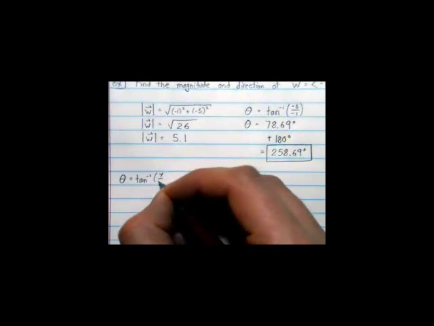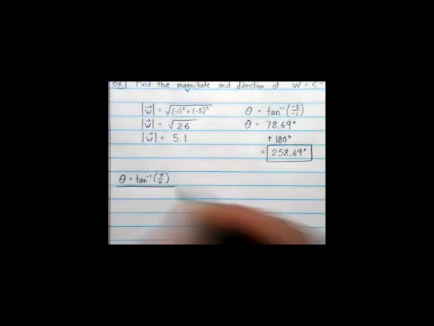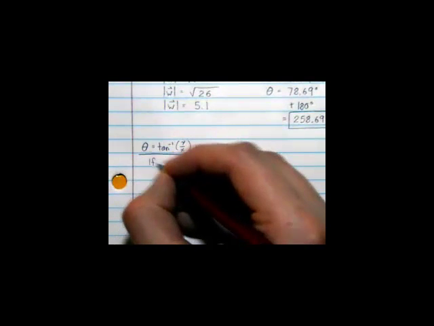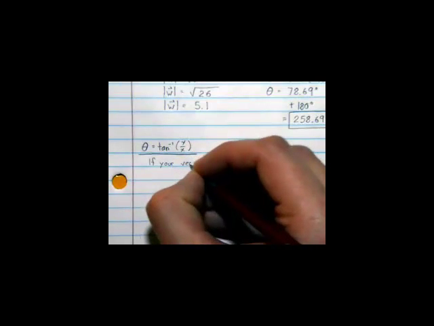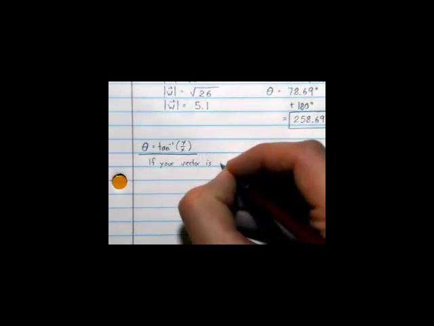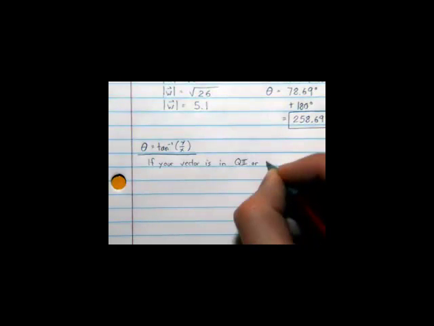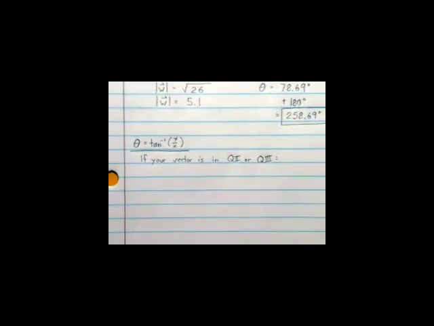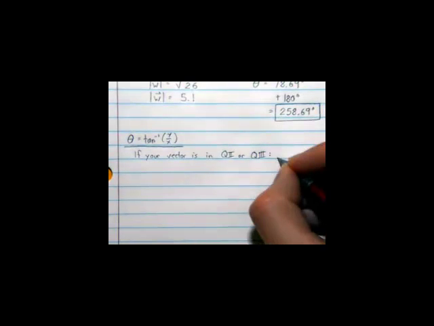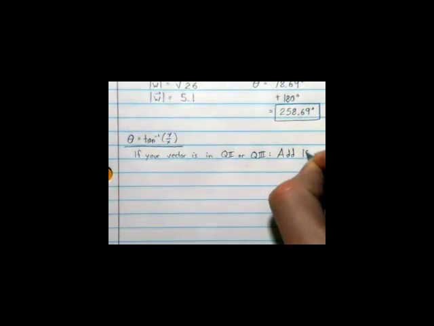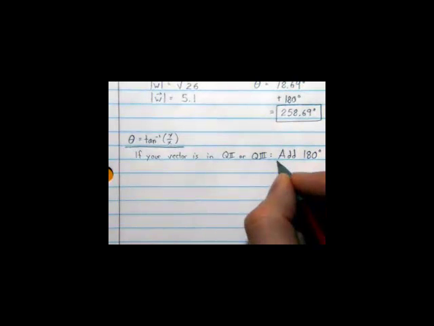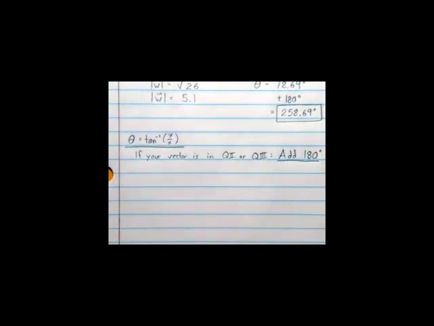So this inverse tangent of y over x. If your vector is in quadrant 2 or quadrant 3, add 180 degrees to it, and then you'll be fine.